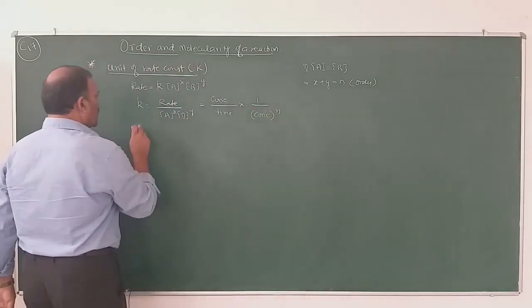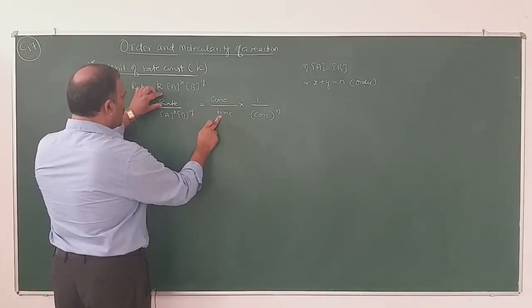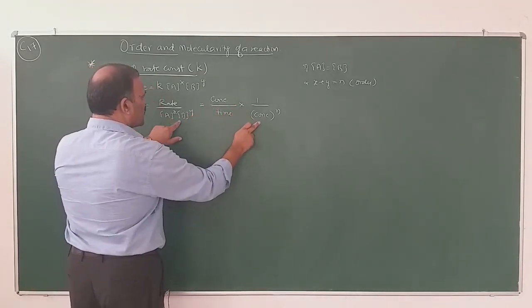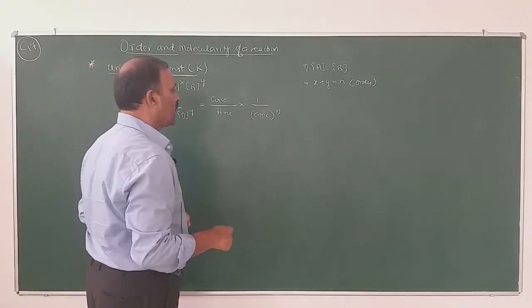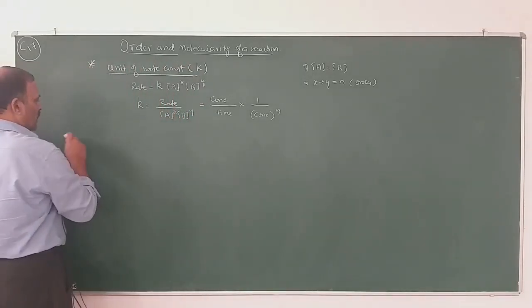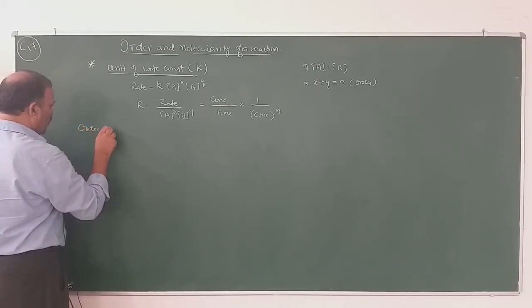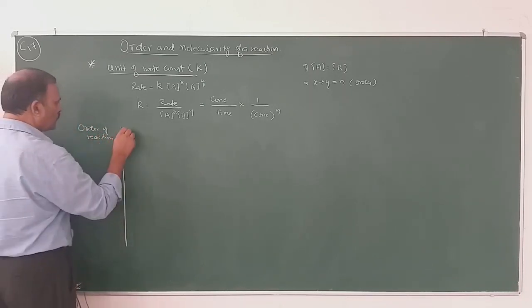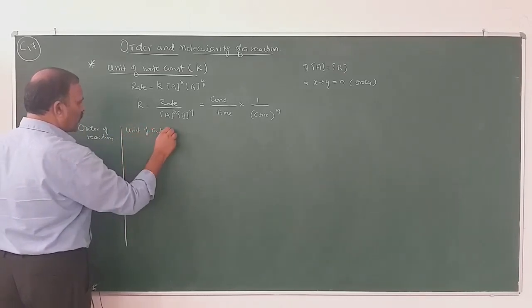Then K is equal to concentration over time, this is the unit of rate, into 1 over concentration to the power of n, if concentration of A and B are the same and x plus y is equal to n. Then we will have this chart: order of reaction, unit of rate constant.